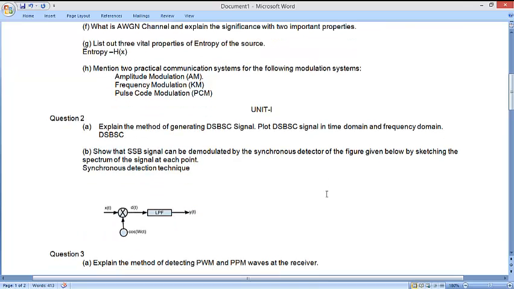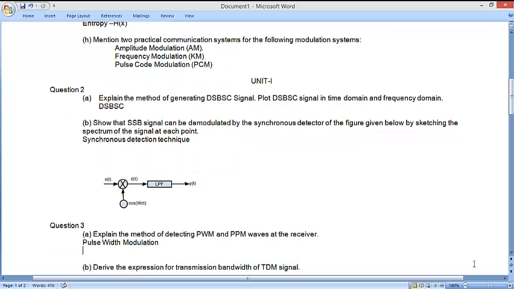Moving on to question 3, we have to explain the method of detecting PWM and PPM waves at the receiver. First of all, PWM is pulse width modulation and PPM is pulse position modulation, and both of these modulation techniques are a type of analog modulation.